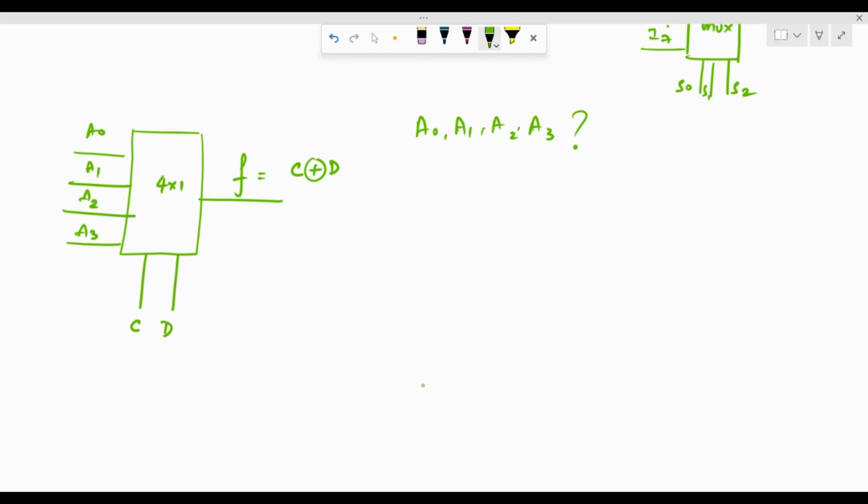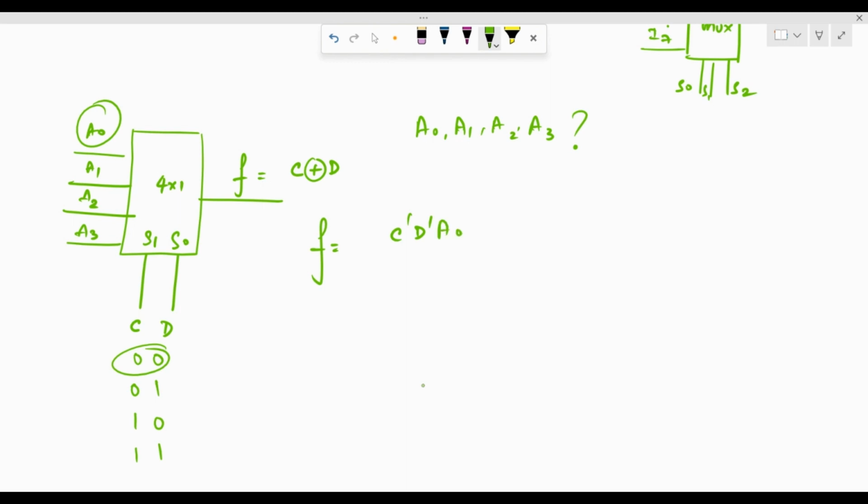Here the first thing that we can do is write out the output of this multiplexer. We know that this is say S1, this is S0. So 0 0, 0 1, 1 0, 1 1. These are the possible combinations, and therefore we can say C dash D dash, when 0 0 is the select line's value, A naught is going to be selected.